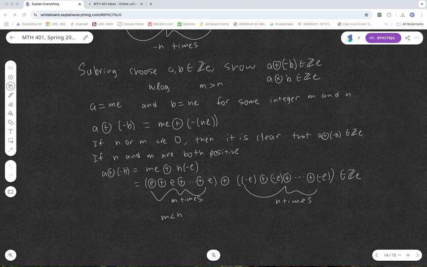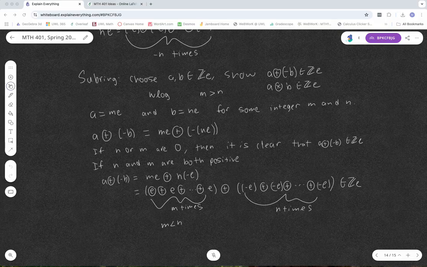Yeah, maybe the difference is important, the difference of M and N. If N is less than M, then M minus N is positive. Yeah, let's stick with that. Let's stick with M is greater than N. So then what does that mean?